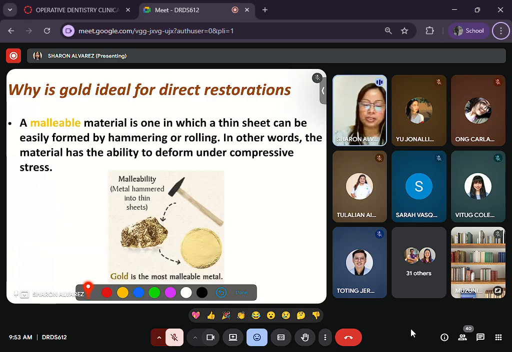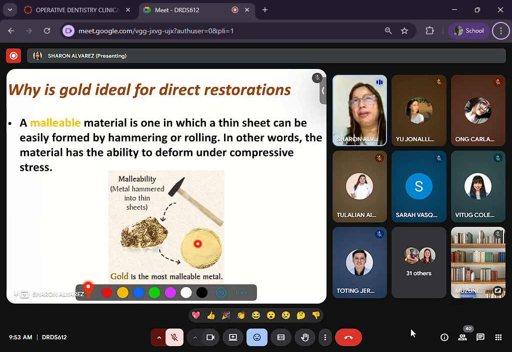Now, gold is also considered to be the most malleable metal because you can hammer the gold to become very, very thin sheet, again, without fracturing. Okay? So you can turn the gold into very, very thin sheet of gold without breaking.